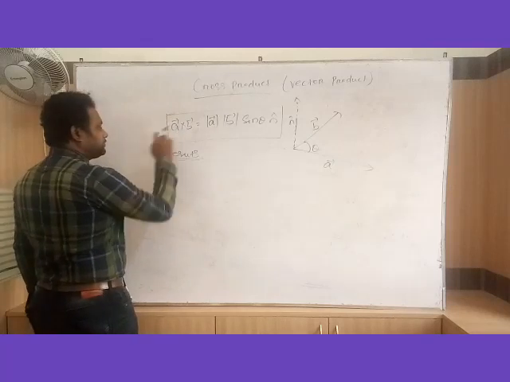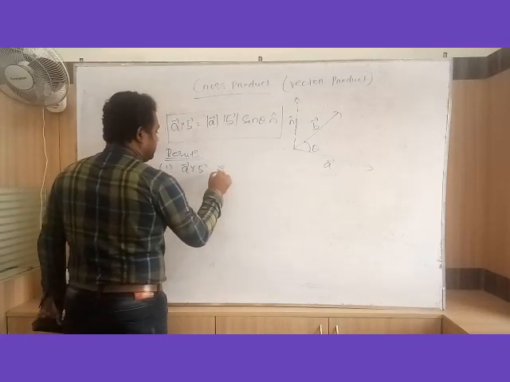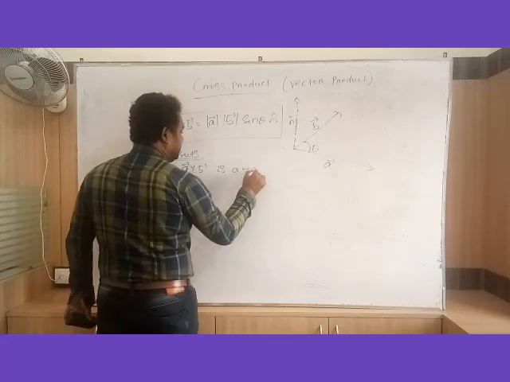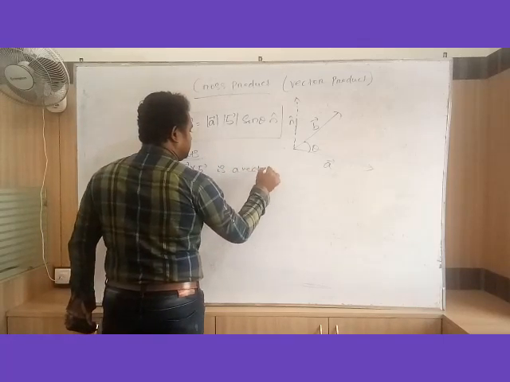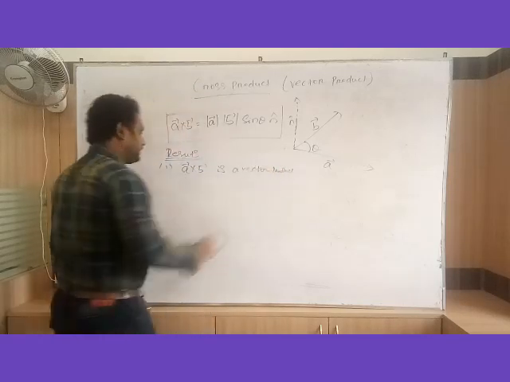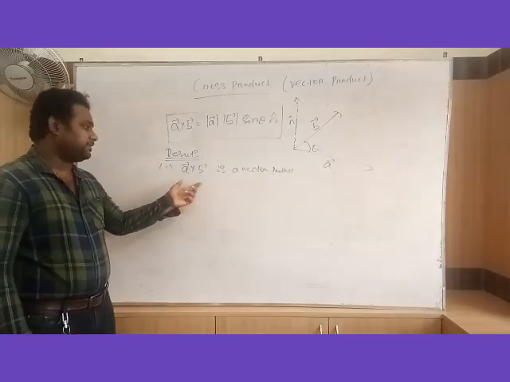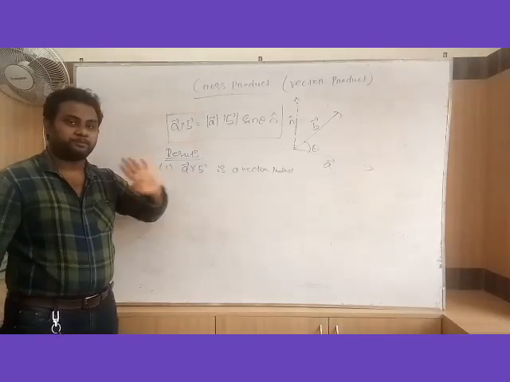But in the case of cross product, A cross B is a vector product, or vector quantity. That means the value comes in the form of a vector.